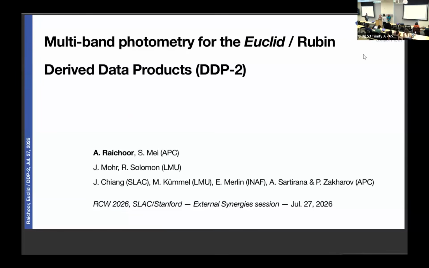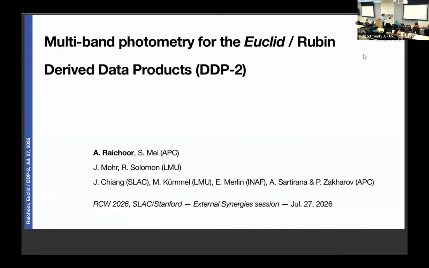Okay, we'll talk about multi-band photometry for the Euclid Rubin. Hi all, my name is Anand Rachor, and I'm going to talk about something related to what was just presented: multi-band photometry.